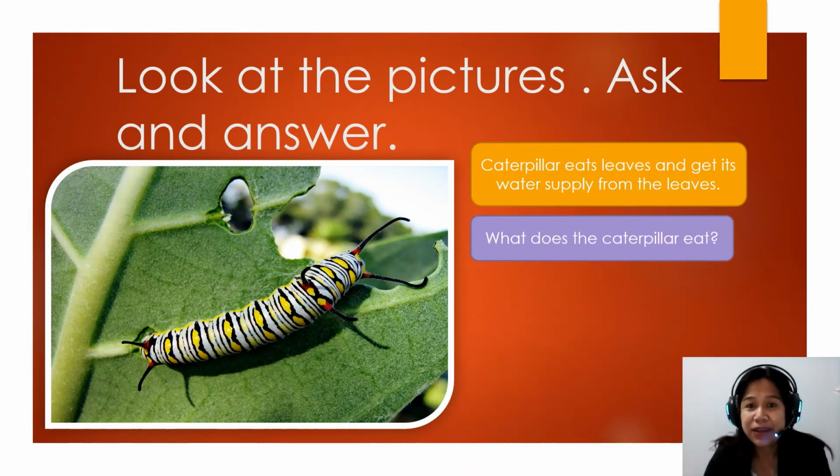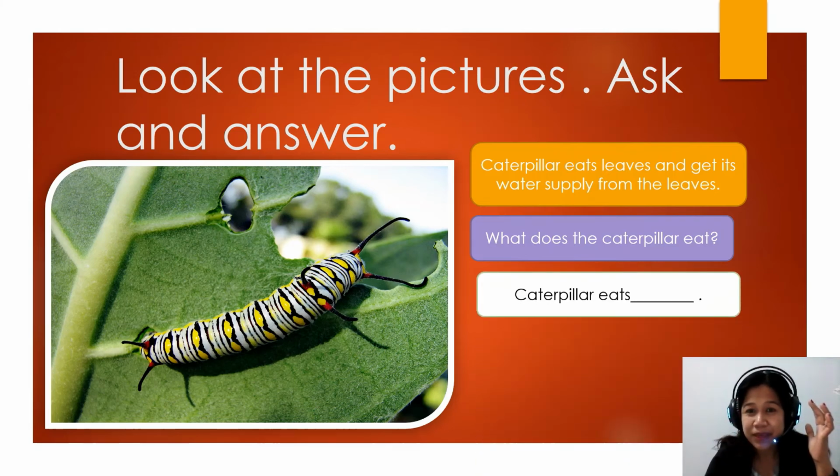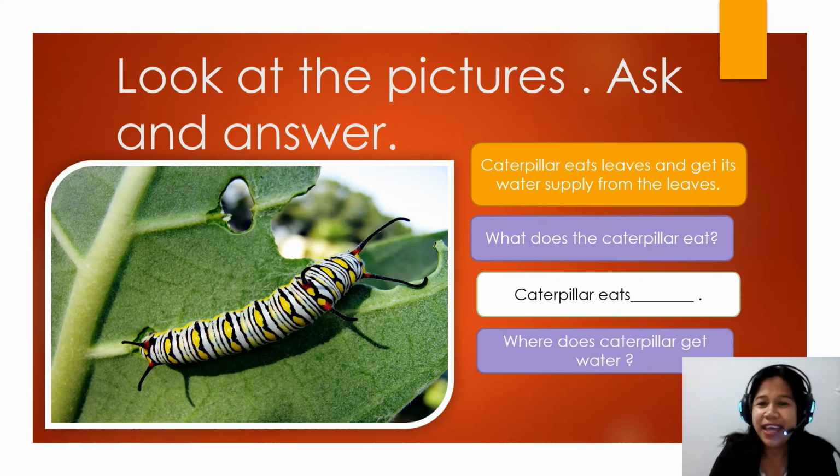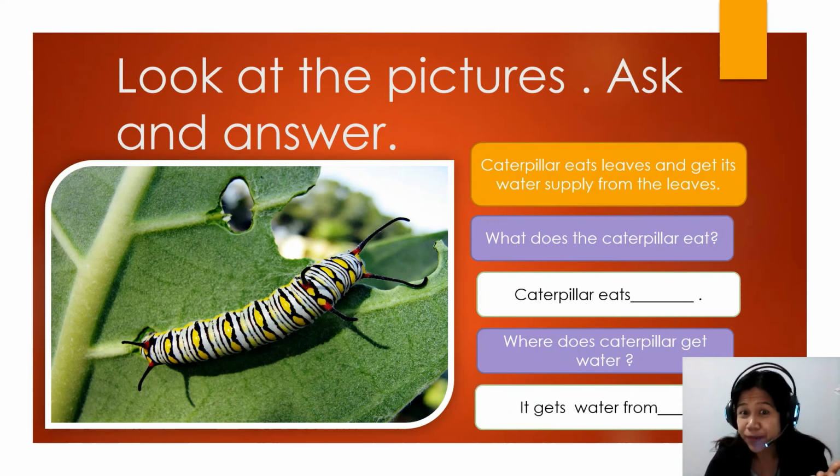Ask. What does caterpillar eat? You say it. What does caterpillar eat? Caterpillar eats leaves. Okay. Next. Where does caterpillar get water? Answer. It gets water from the leaves. Cool. Interesting game, isn't it?